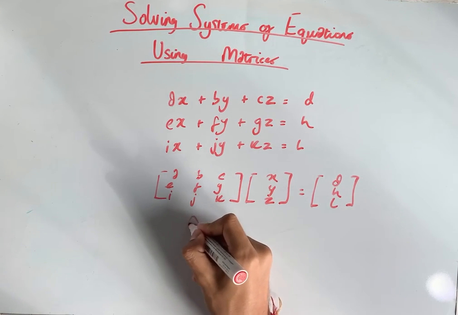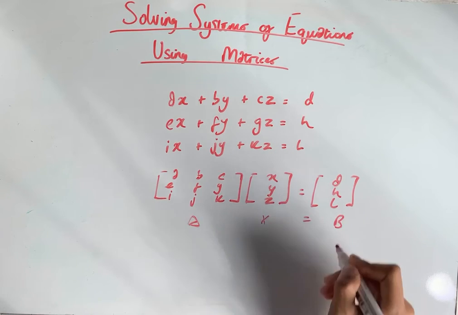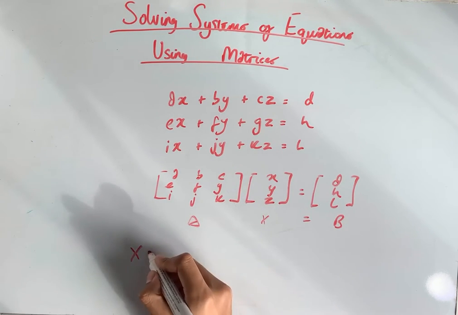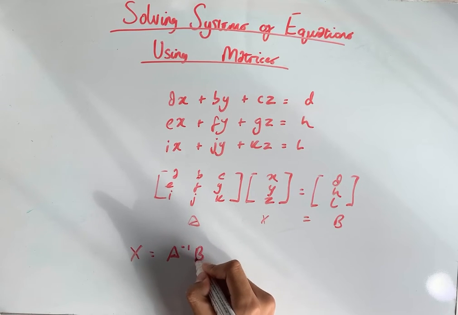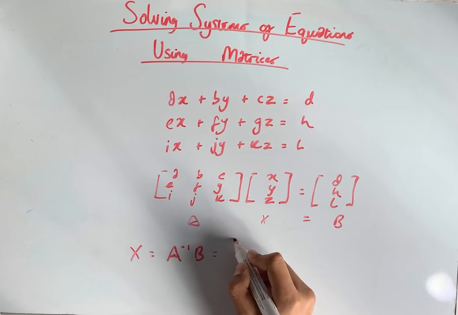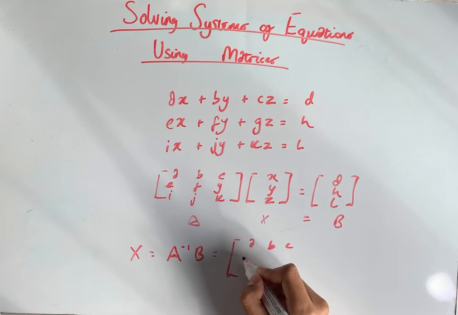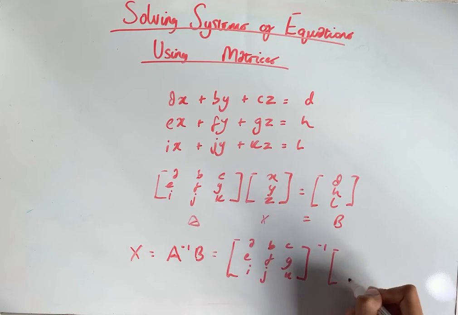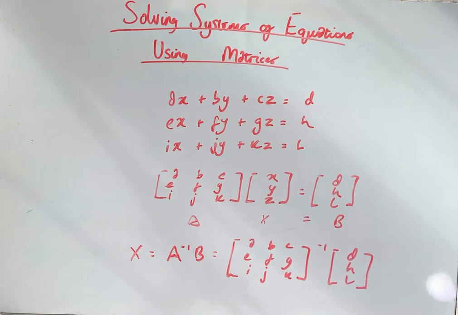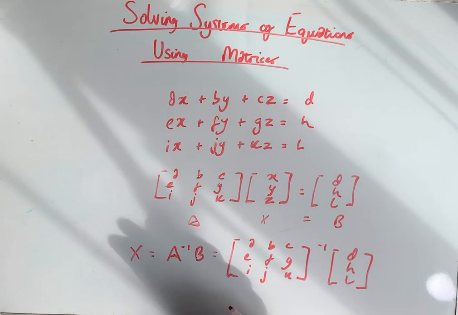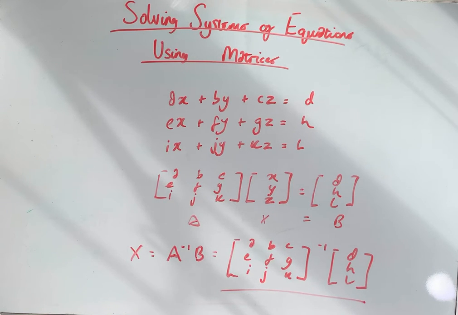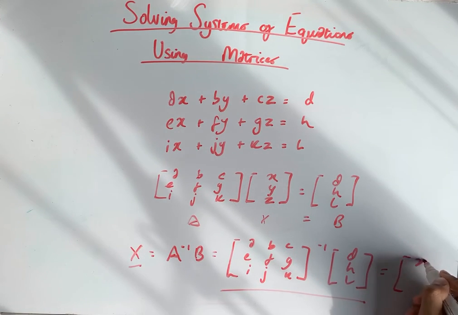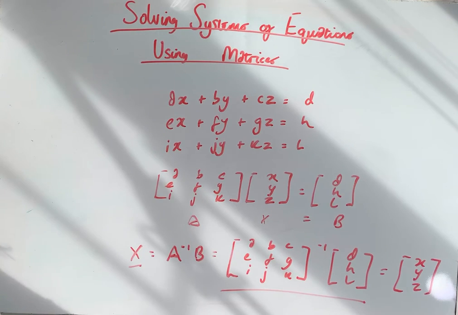Taking the same principles, AX equals B, you can find our value X by simply computing A minus 1 multiplied by B, which would be (a, b, c; e, f, g; i, j, k) to the power of minus 1 multiplied by (d, h, L). Now, I covered how to take the inverse of a 3x3 matrix in another video, so this can easily be computed, whether on paper or even on a calculator, to then just give you X, or the individual values of x, y, and z.